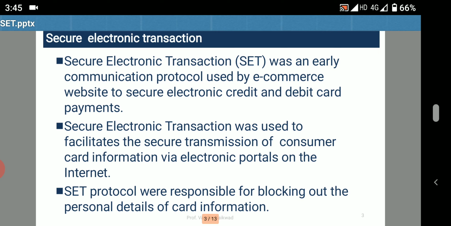It hides the information of buyer and seller from each other. Buyers cannot see the seller's information directly, like the account number and all the confidential information, and sellers also cannot see the confidential information of buyers.